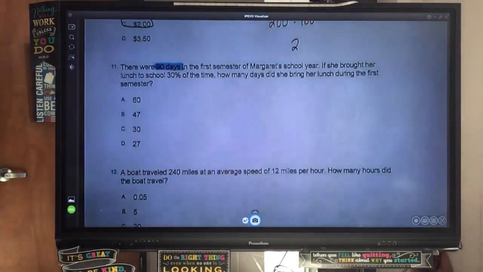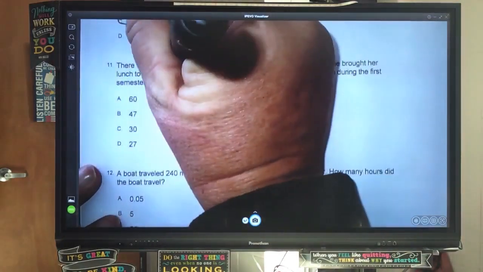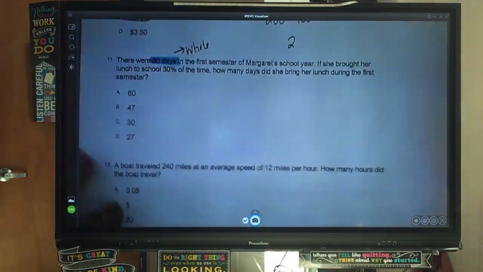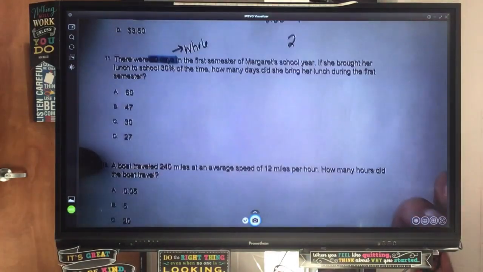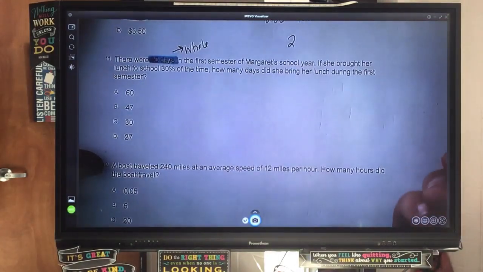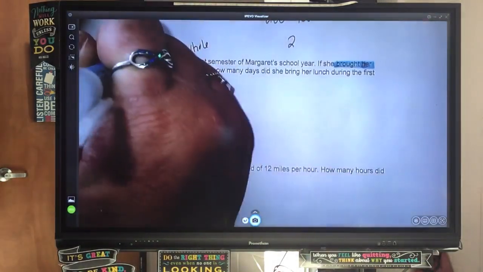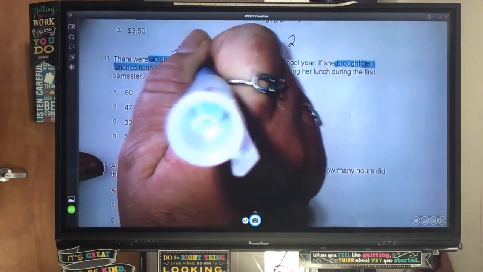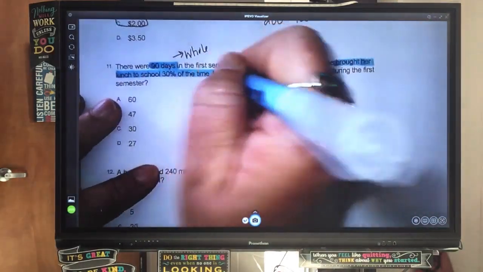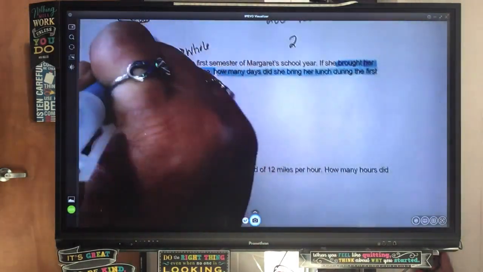Okay, what does the 90 days stand for? Okay, what else? She brought lunch to school 30% of the time. And then how many days did she bring her lunch in the first semester? Okay.